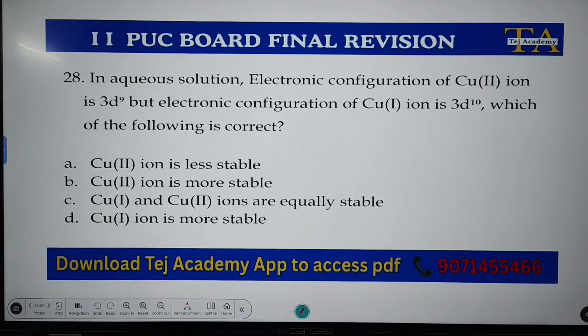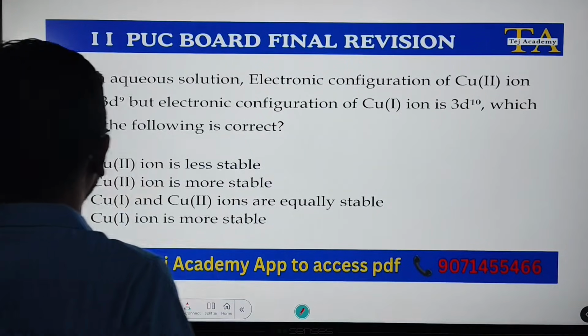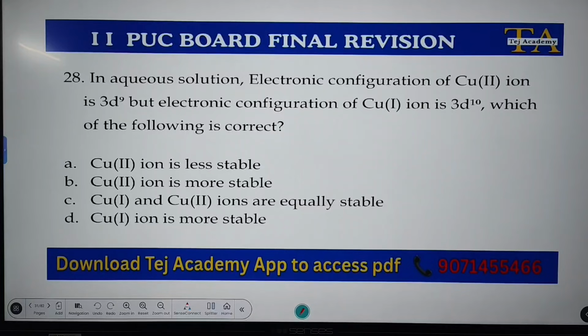28. In aqueous solution, the electronic configuration of Cu2+ ion is 3d9. Now, but the electronic configuration of Cu+ ion is 3d10. Which of the following is correct? So Cu2+ ion is less stable, Cu2+ ion is more stable, Cu+1 oxidation state and Cu+2 oxidation state are equally stable, Cu+1 oxidation state is more stable.